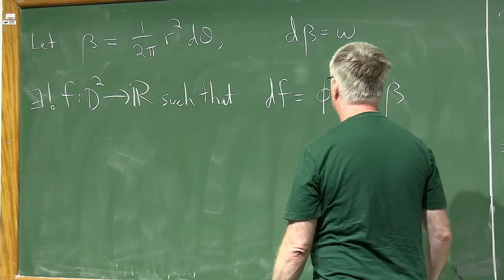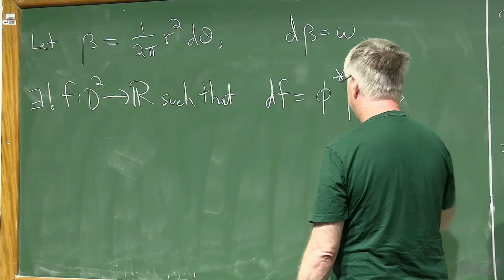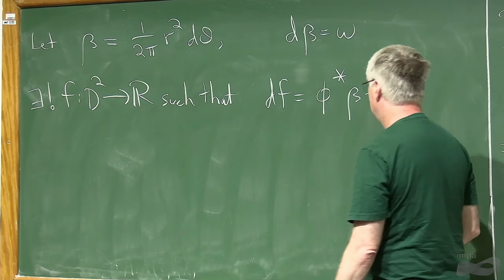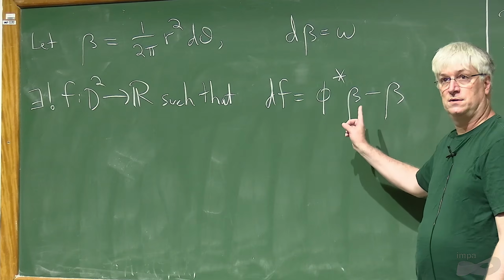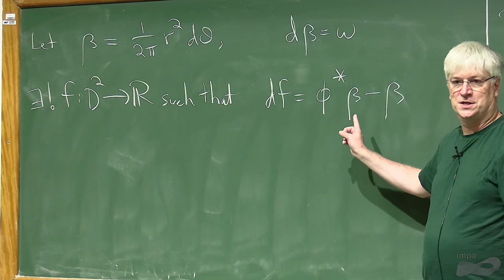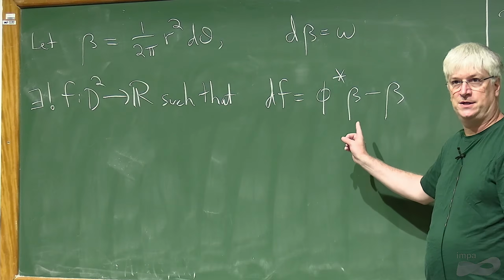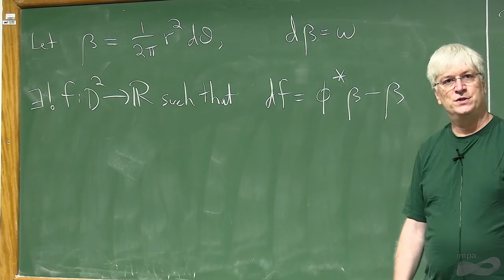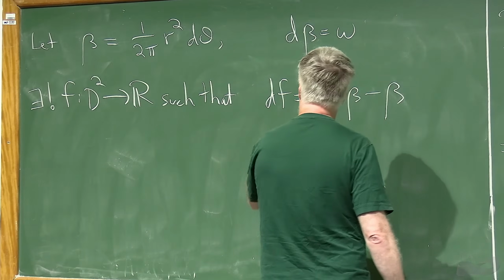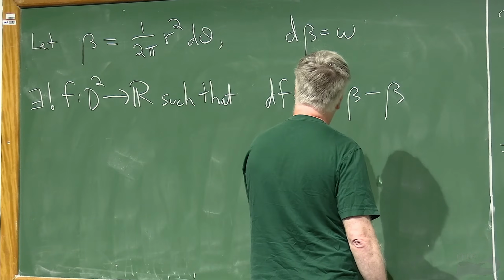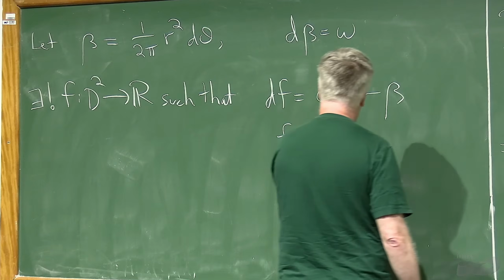Because phi is symplectic, this one-form is closed, and since the disk doesn't have any H1, it has to be exact. So I can find f, which is only defined up to adding a constant, and I fix the constant by requiring that f restricted to the boundary of the disk is equal to theta 0.